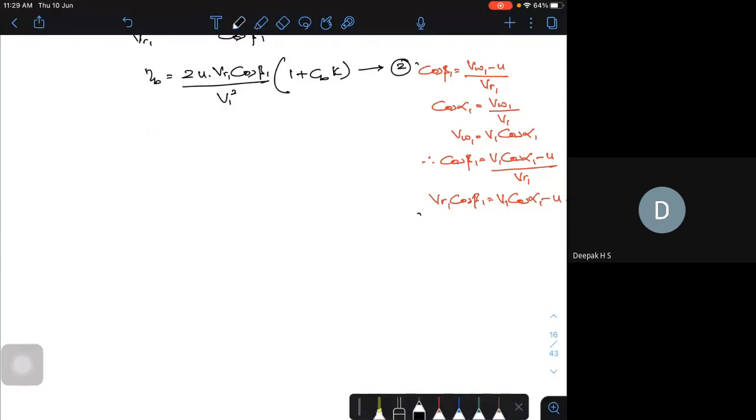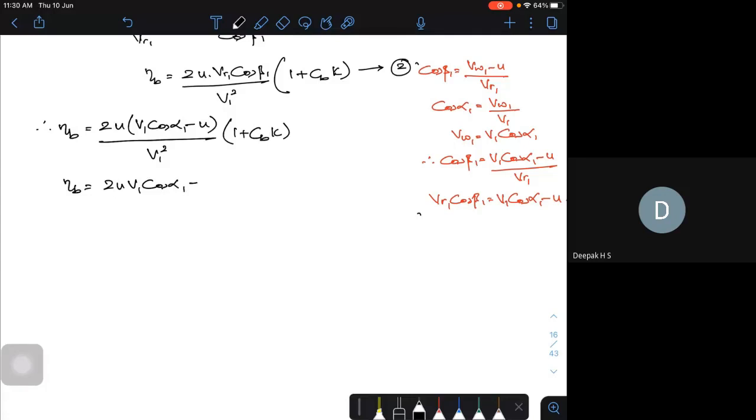VR1 cos beta 1 is equal to V1 cos alpha 1 minus U. Therefore, your blade efficiency is equal to 2 into U into (V1 cos alpha 1 minus U) by V1 square into (1 plus CB into K), or blade efficiency is equal to 2 into U into V1 cos alpha 1 minus 2U square, whole thing divided by V1 square into (1 plus CB into K). I think this is the expression we have.